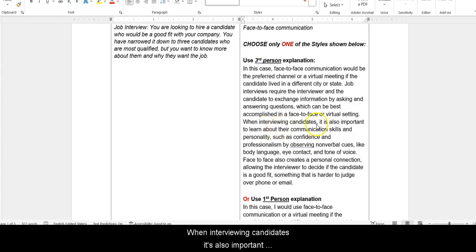When interviewing candidates, it's also important to learn about their communication skills and personality, such as confidence and professionalism, by observing nonverbal cues like body language, eye contact, and tone of voice. And this is something that you can do with face-to-face because you can hear them and you can see them.